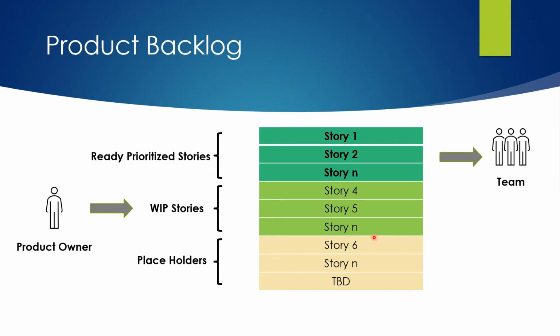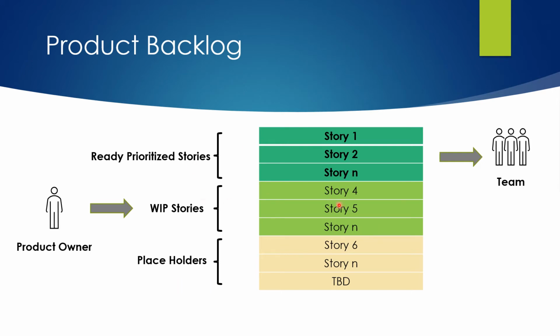Then we have the next section of WIP stories, I mean work in progress stories. These are the stories which the product owner and his team are currently working on. Then we have a placeholder section. This section represents the user stories which are not yet defined or which are low on priority. Like the name specifies, placeholder stories.